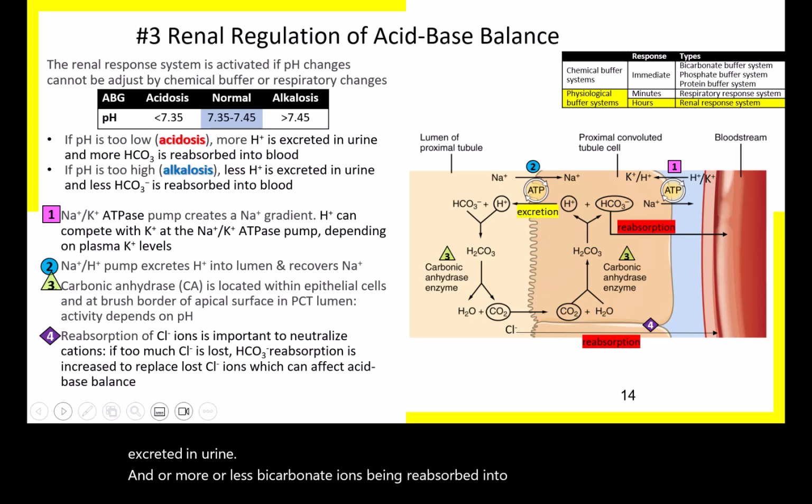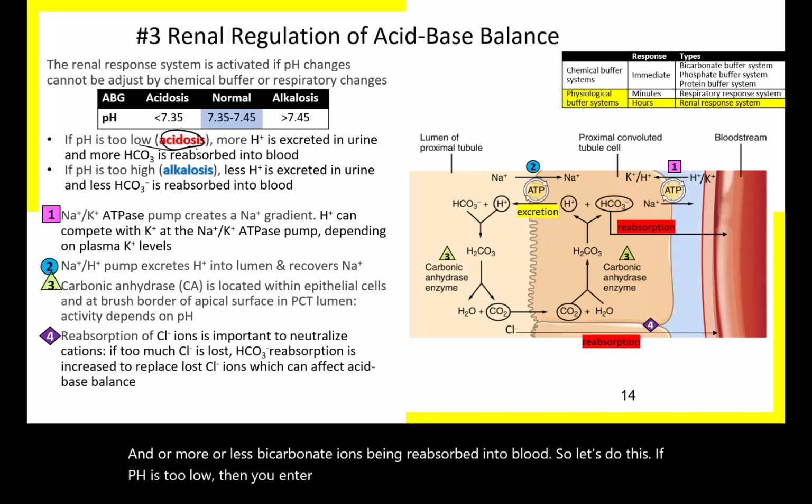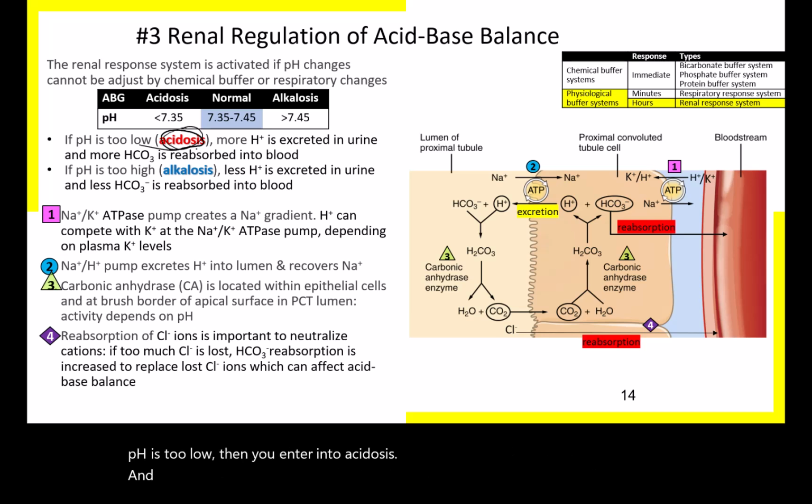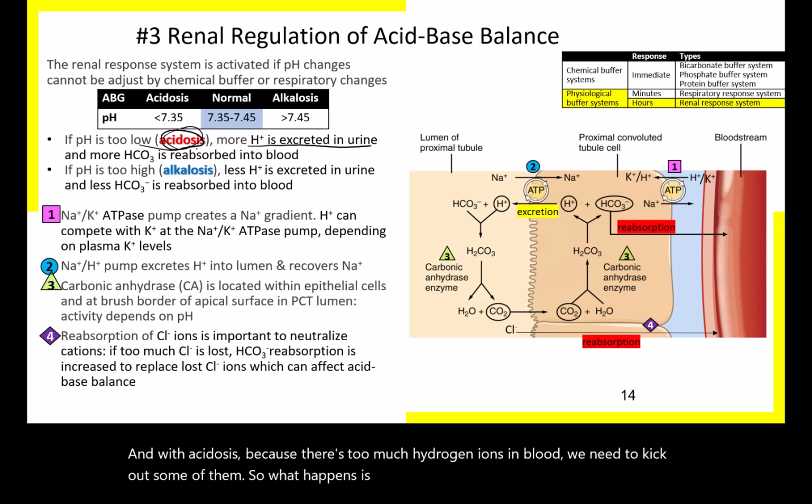So let's do this. If pH is too low, then you enter into acidosis. And with acidosis, because there's too much hydrogen ions in blood, we need to kick out some of them. So more hydrogen ions are excreted in urine, and more bicarbonate ions are reabsorbed back into blood.